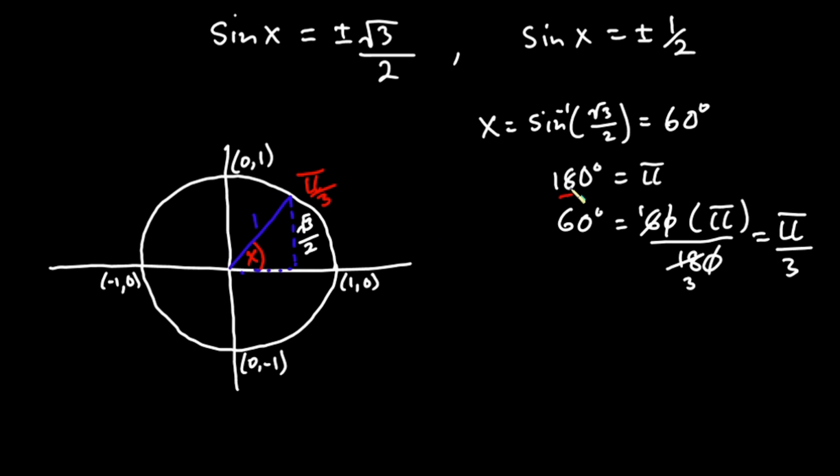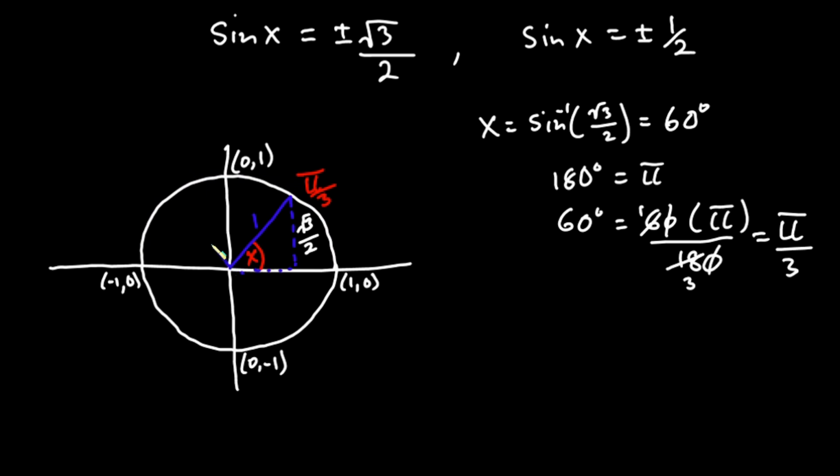Right. Now from this equation, we know that pi is equal to 180 degrees. So from this point to this point is 180 degrees. So it means that the whole of this angle is 180 degrees. Now what does this pi over 3 here mean? It means that we have to divide this whole semicircle into 3 equal parts.